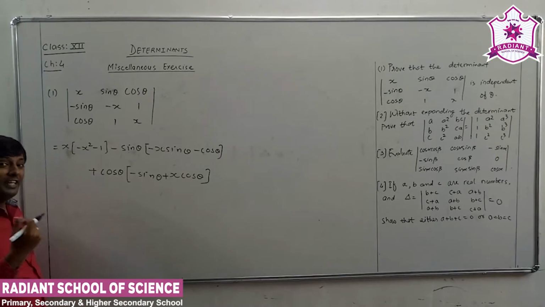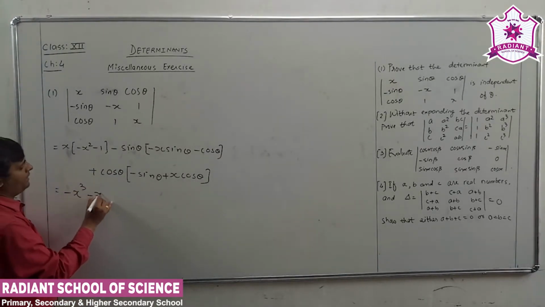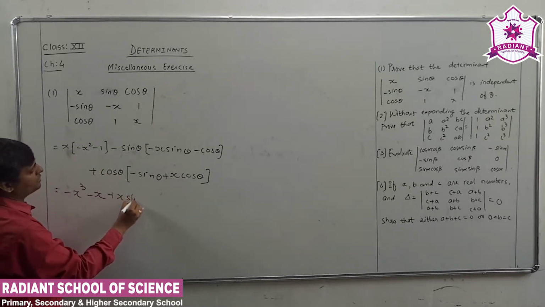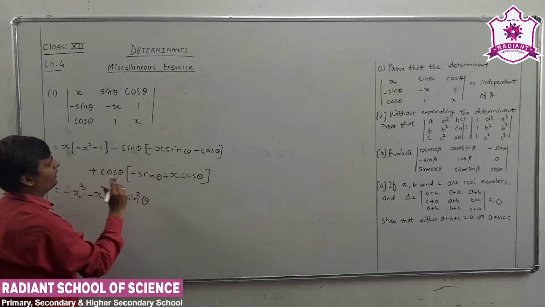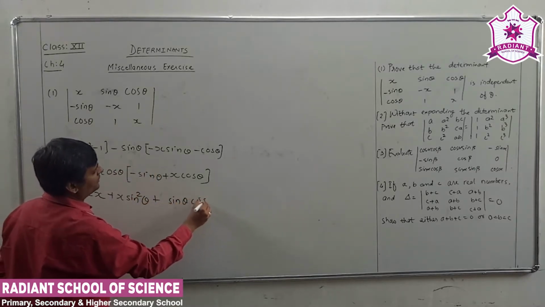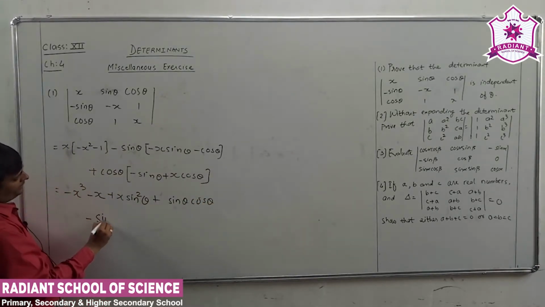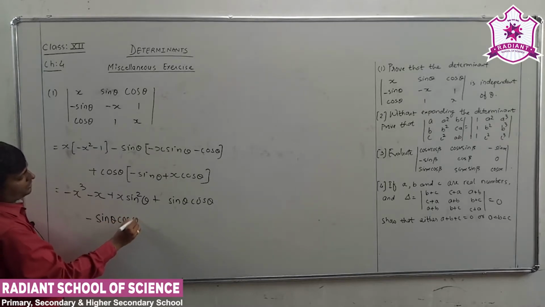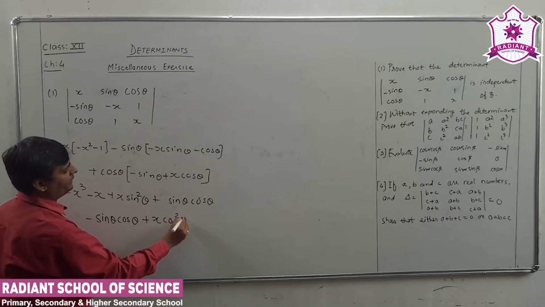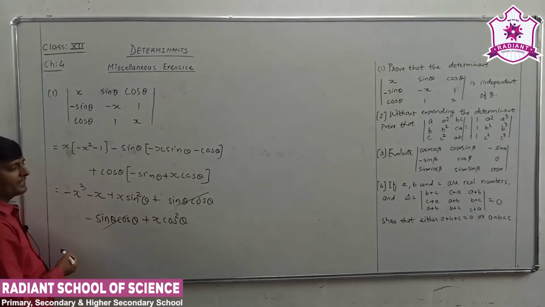Clear? Now we expand this. So minus x cube minus x, minus plus x into sin square theta. Understand? Minus plus sin theta into cos theta, again minus sin theta into cos theta plus x into cos square theta. So here sin theta cos theta is cancelled.